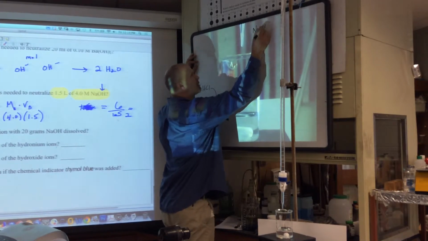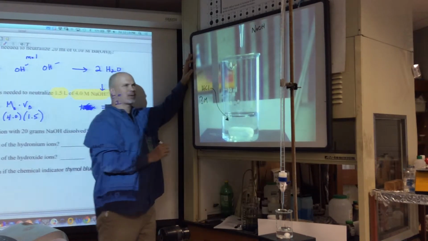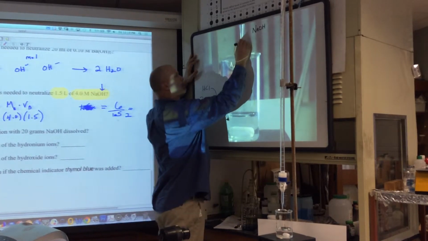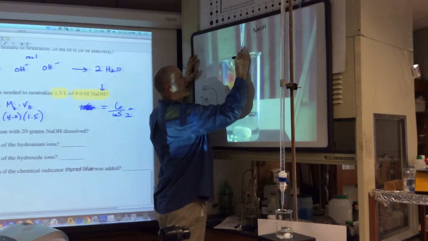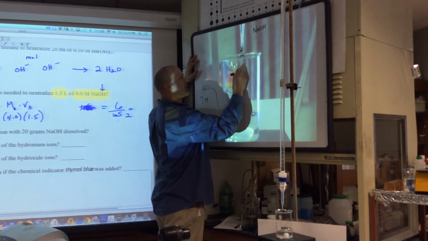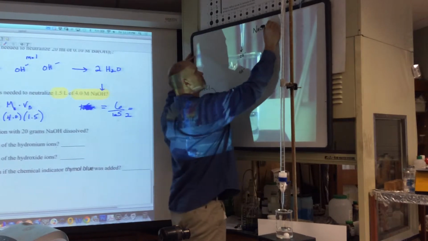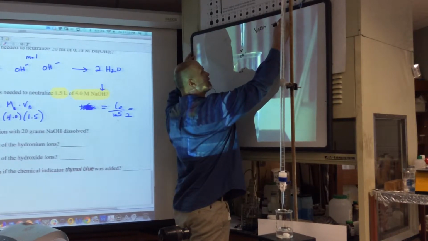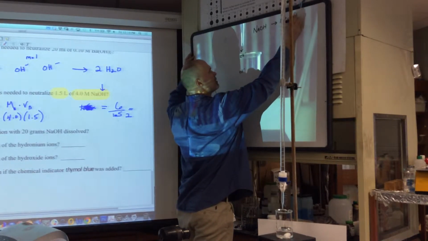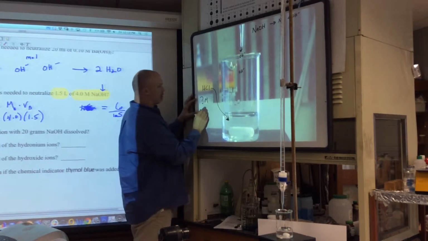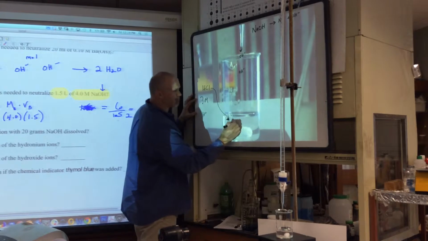I'm not sure if I've ever dropped any base, but today we are. So I'm dropping hydroxide ions, because we know that this is going to break apart into Na+, which is going to spectate, and OH-. Okay, this dissociates, of course, into H+. So we've got H+ in here.